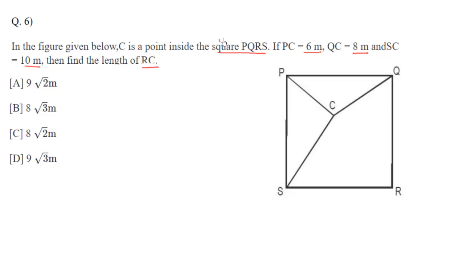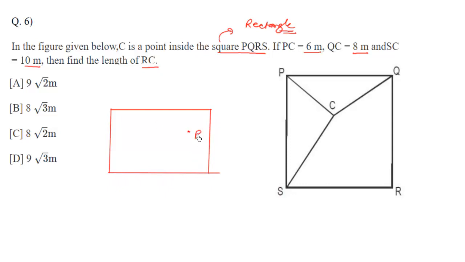Now again, we can say that a square is nothing but a rectangle, and we'll be using the property of a rectangle that if there is any point inside a rectangle, say this is P and this is A, B, C and D, and we join the vertices with this point, then we have the relation that AP squared plus CP squared is equal to BP squared plus DP squared.